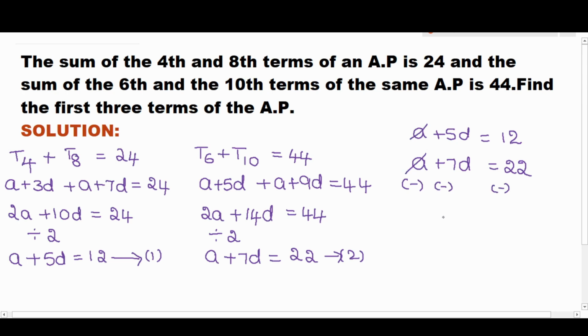So plus 5 minus 7, I get minus 2. You have a d there. And on subtracting, I get minus 10. So what is d value now? d is nothing but minus 10 by minus 2. You get 5 as d value.